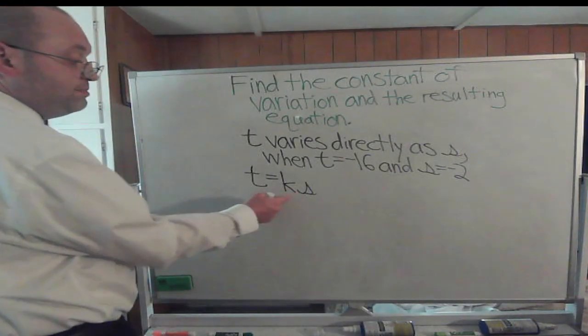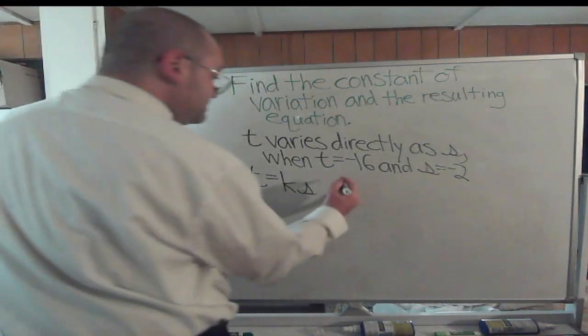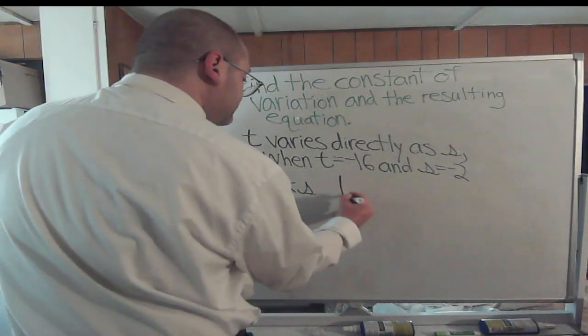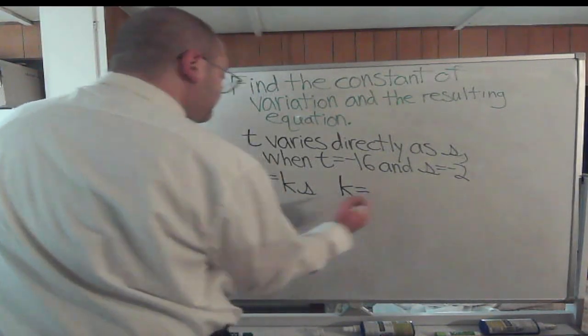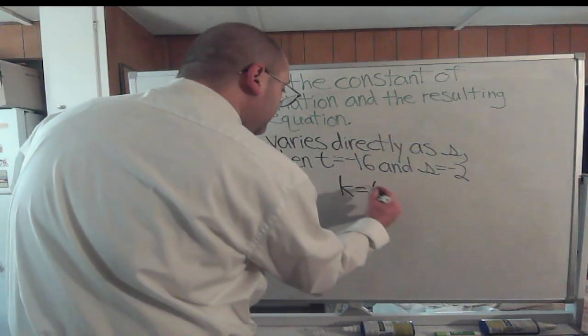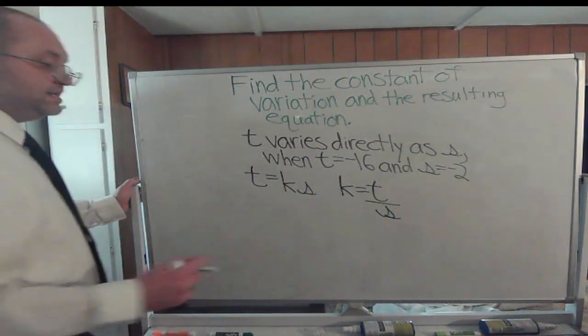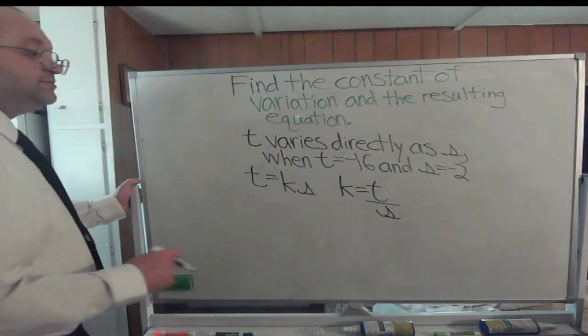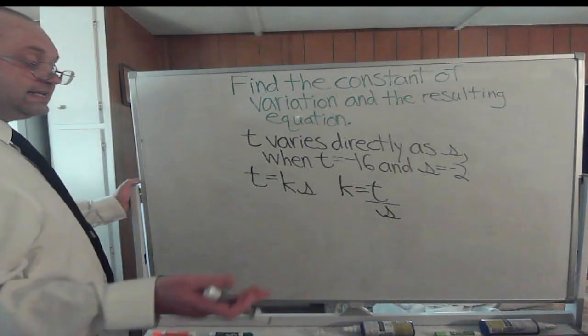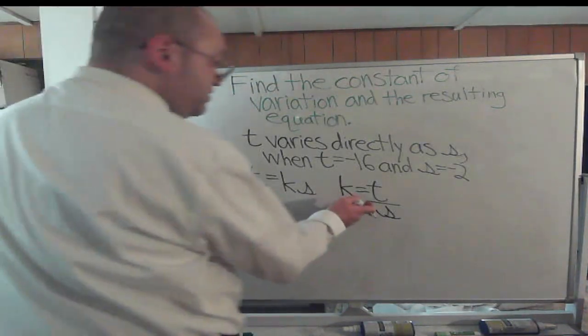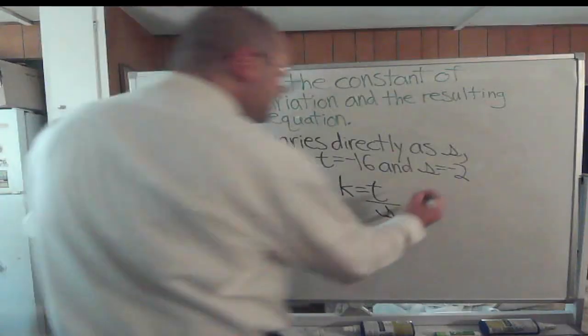We want to get that k by itself, so we have to divide by s. If we do that to the right-hand side, you get k, which is equal to t over s. So the constant of variation is equal to t over s. Now to find it, since we have the equation, we just plug in the values of t and s.